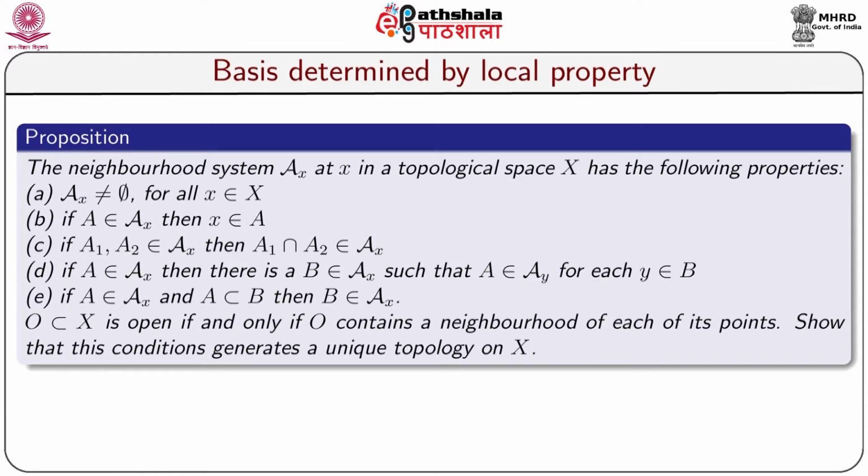Number 4, if A belongs to 𝒜_x, then there is a B belonging to 𝒜_x such that A belongs to 𝒜_y for each y belonging to B. Number 5, if A belongs to 𝒜_x and A is a subset of B, then B belongs to 𝒜_x. Number 6, O subset of X is open if and only if O contains a neighborhood of each of its points.